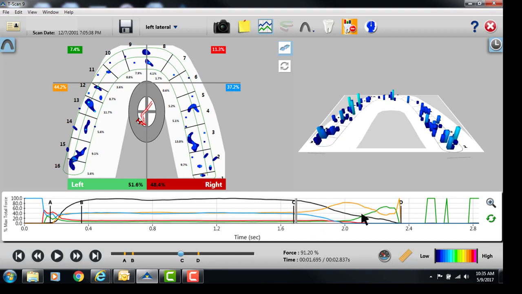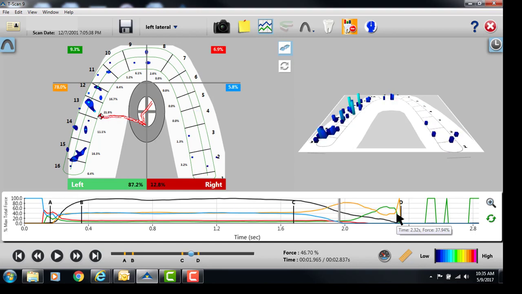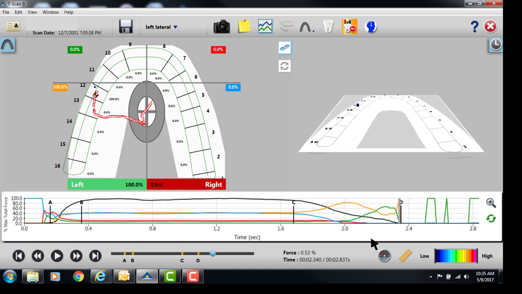Alright, so the next step is there's a few different approaches. You can either start from C, walk your way through D, and look for the interferences that are directly affecting this movement. The other option would be to start from D and go backwards and start to slightly remove the contacts. Alright, and so possibly we look at some light contacts 12 and 13 towards the end.